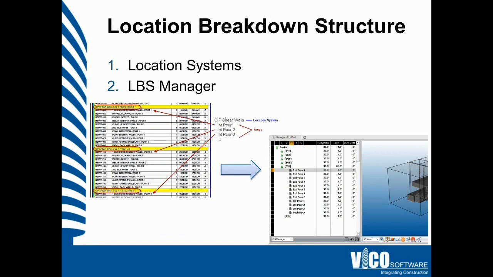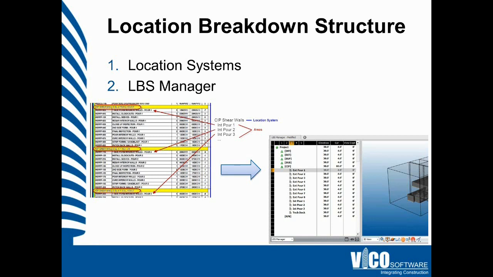Now, when we review or try to pull out the location breakdown structure from the CPM schedule, we're not only simply copying the data, but we're also QAing that data at the same time. When we identify what is a unique location in the CPM schedule, we definitely want to represent that with the same kind of breakdown in Vico Office and in Schedule Planner.